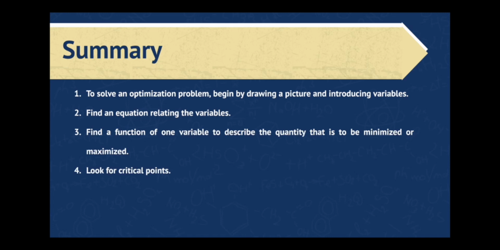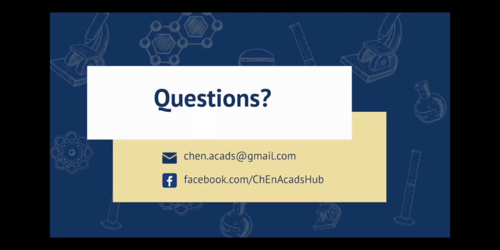And if you may recall, we expressed one variable in terms of the other to describe the quantity that would be minimized or maximized. And lastly, we looked for critical points by equating the first derivative to 0 and solving for the roots. And that's it for the optimization video.